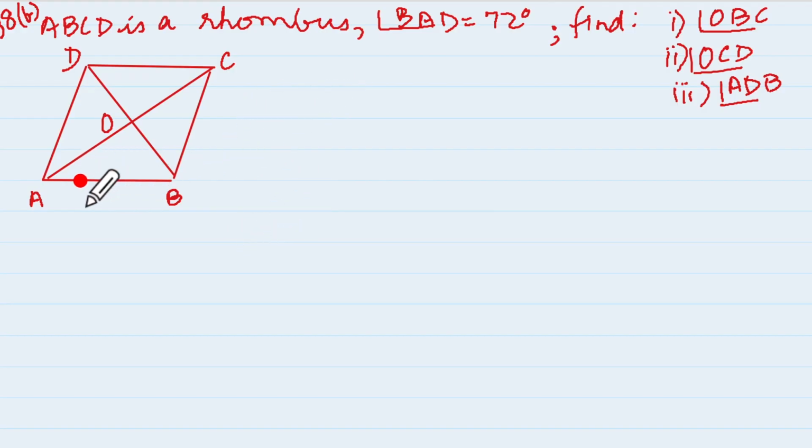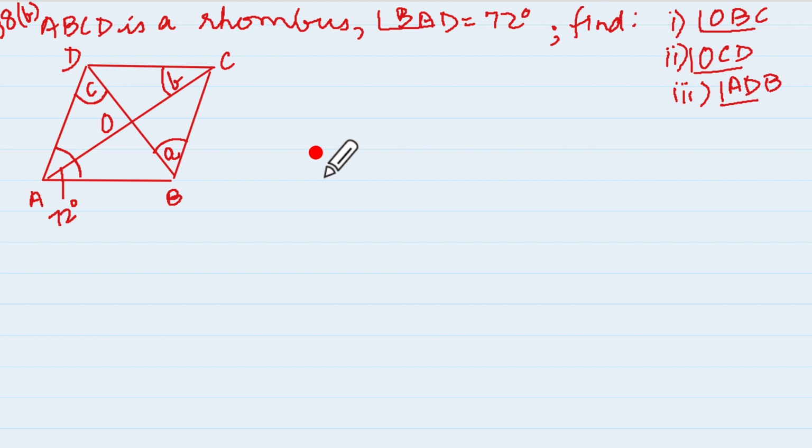So BAD, that is this one, is given as 72 degrees, and you have to find OBC. So I'll call this small a. OCD, so I'll call this small b, and ADB, and I'll call this small c.